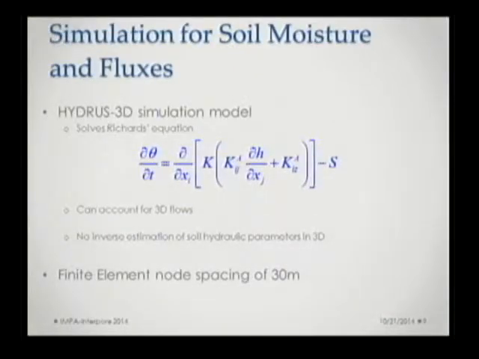We used Hydrus 3D, which is a simulation model which solves for the Richards equation and can account for 3D flows, but unfortunately there's no inverse estimation, so we cannot just do it on a coarse scale and try to get back the effective parameters. Right.